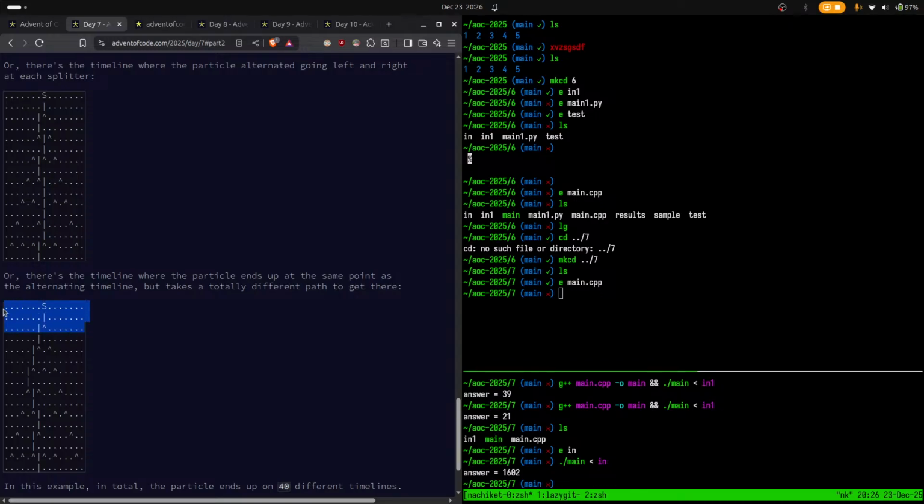But if the input was the first 3 rows, there would be two unique timelines, because the answer for this was 1, and when it got split, the answer for this was also 1, and for this was also 1. But over the entire grid, we need to sum up the answers for the last row. This should be the unique timelines, or just two different timelines.